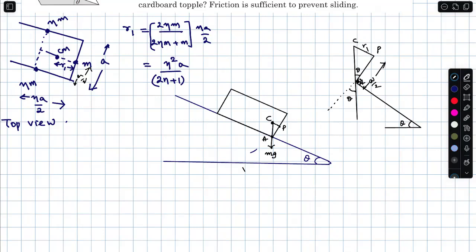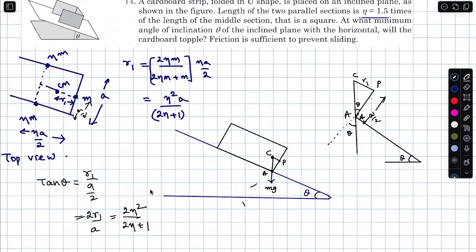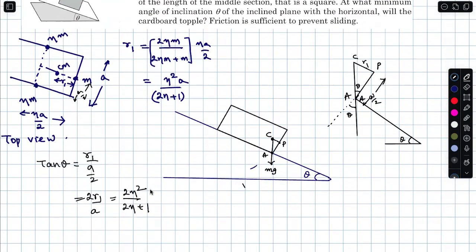This should pass through this point A. So from this I can write tan theta as R1 by A by 2, so 2R1 by A. Now what is R1 by A? 2 eta square by 2 eta plus 1. That's the tan theta. That is the minimum theta.